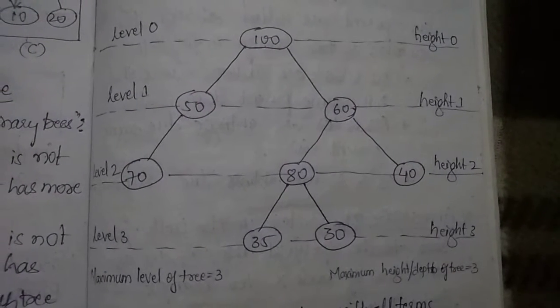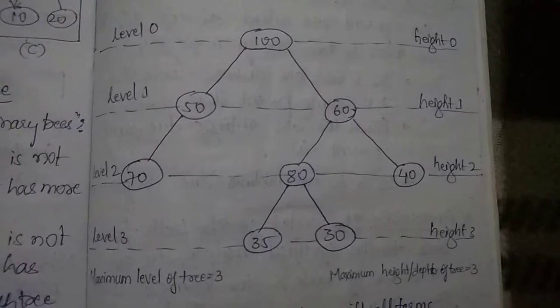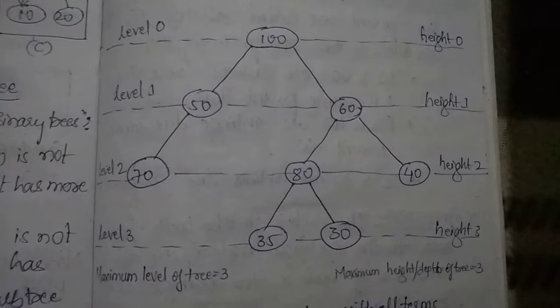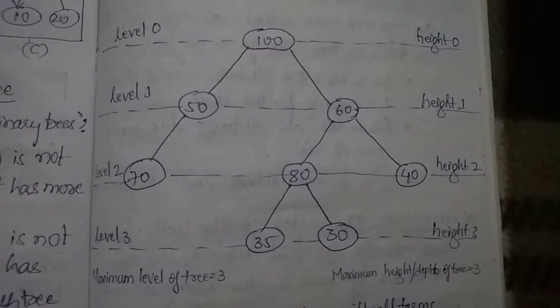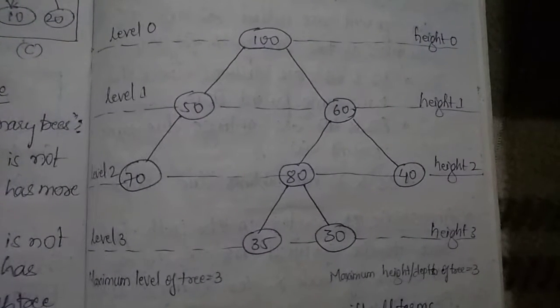We can also verify this in the next terminology. So 80, 35 and 30 are the left descendants of the node 60. Okay, 35 is the left descendant of the node 80, right?